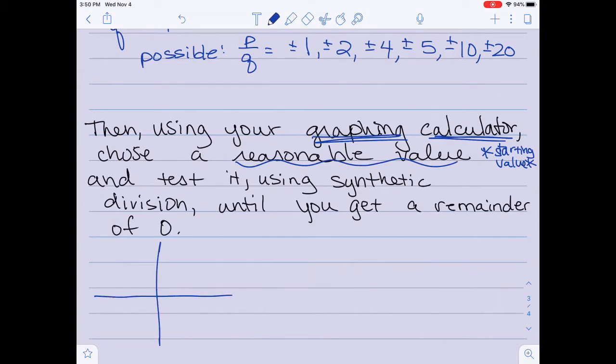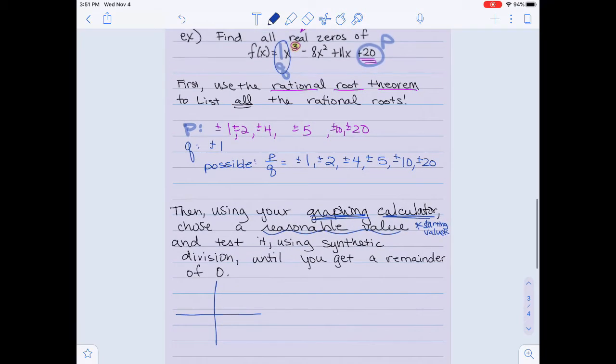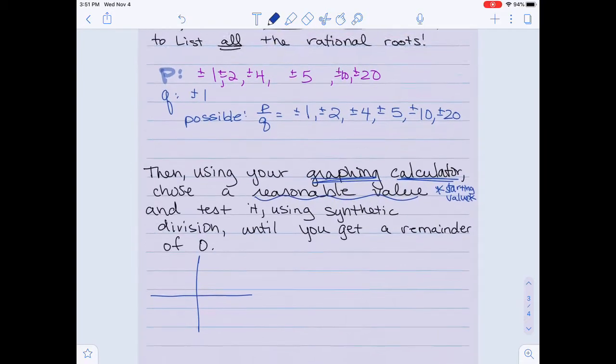So I'm just going to show you what I'm graphing right now. In my graphing calculator I'm going to graph y equals x cubed minus 8x squared plus 11x plus 20, because that's the function we're coming from.